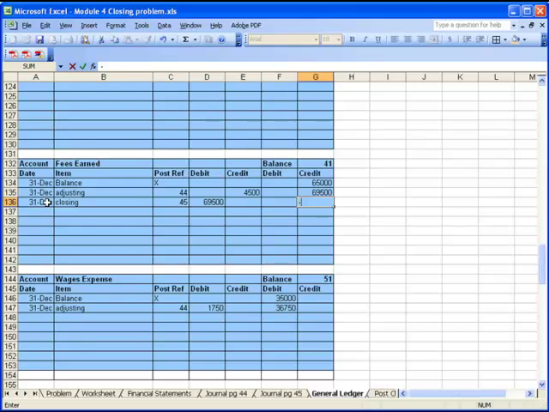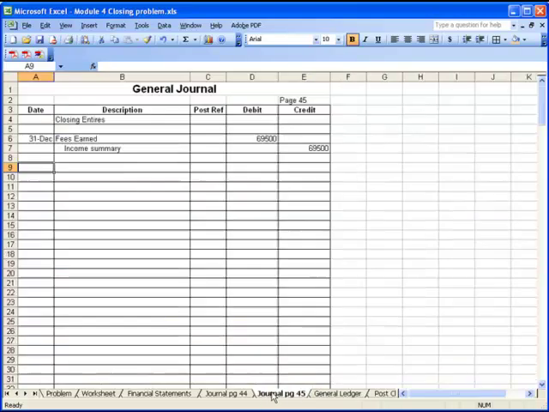And so we can put a dashed line or a zero to indicate that, and we do that in the normal balance column. Normal balance for a revenue account, in all cases, is 0. So we're going to indicate that there. We're going to do our posting reference back in our journal, page 41, to show we went ahead and posted that information.